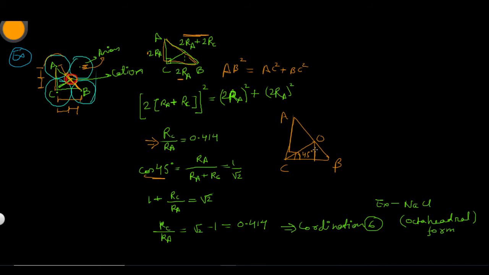This is a small triangle. So this is RA, radius of anion, and similarly this is radius of anion again, and this distance is what? Radius of anion plus radius of cation.